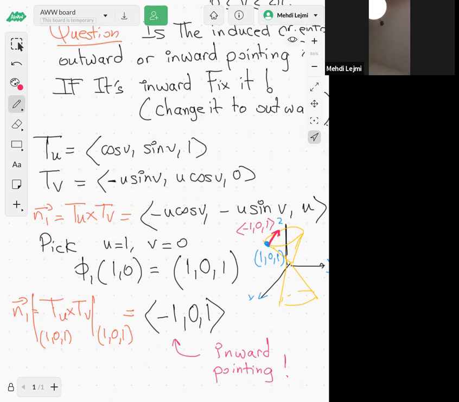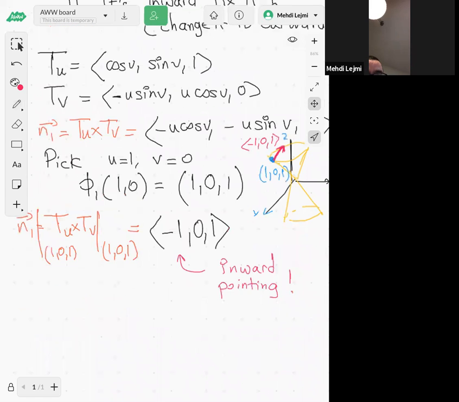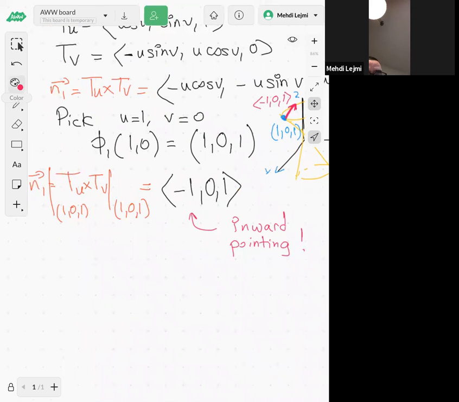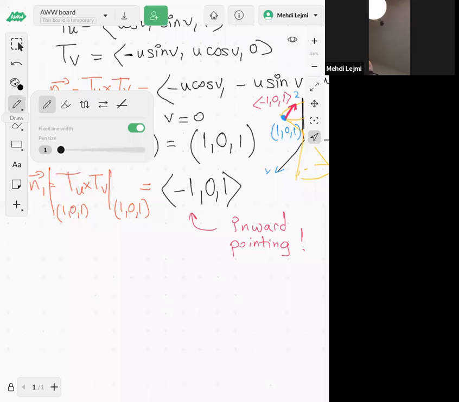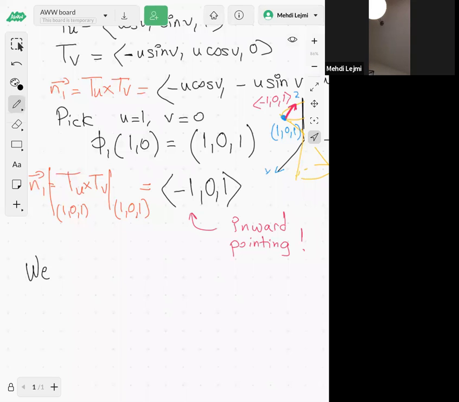Okay, it goes inside the cone, and so to change the orientation, all you have to do, guys, is apply our trick.